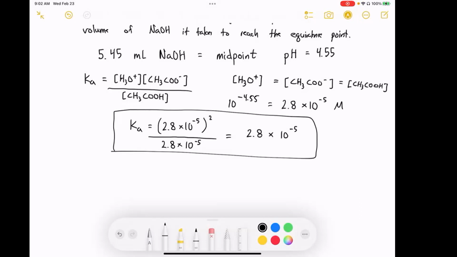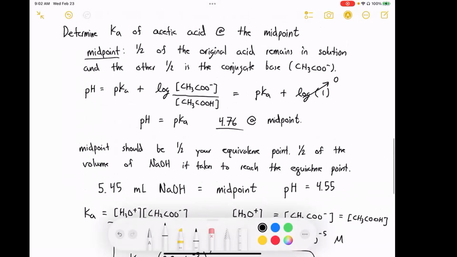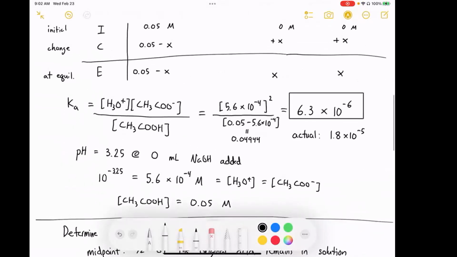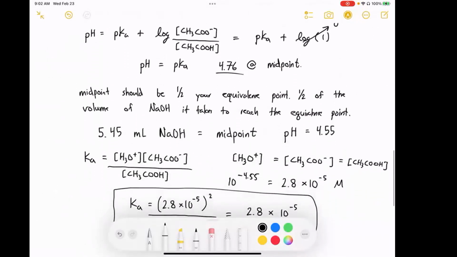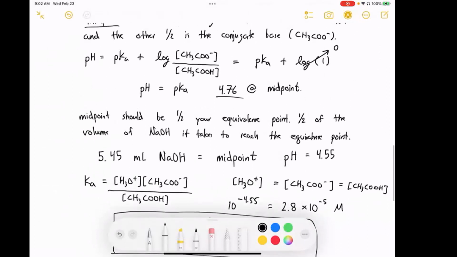So we can backtrack and say all those concentrations should be the same, and you should arrive at an answer that is close to the Ka or pKa of acetic acid, which is, sorry, not 4.55, 4.76 right here.